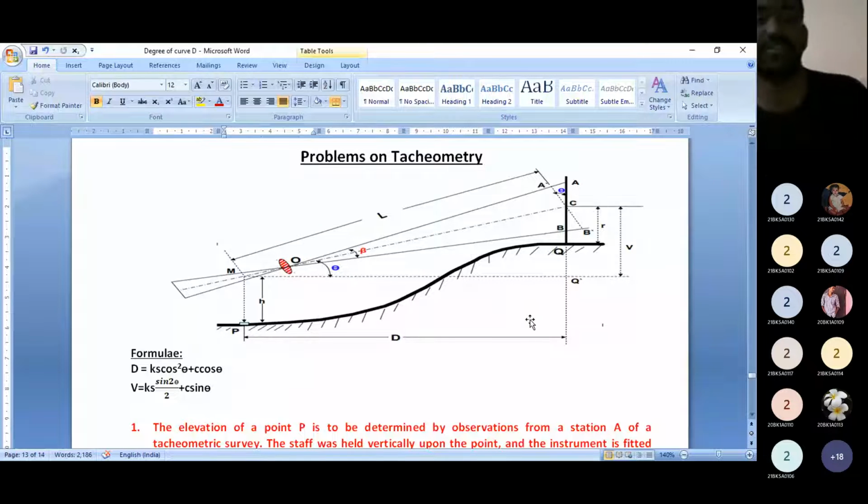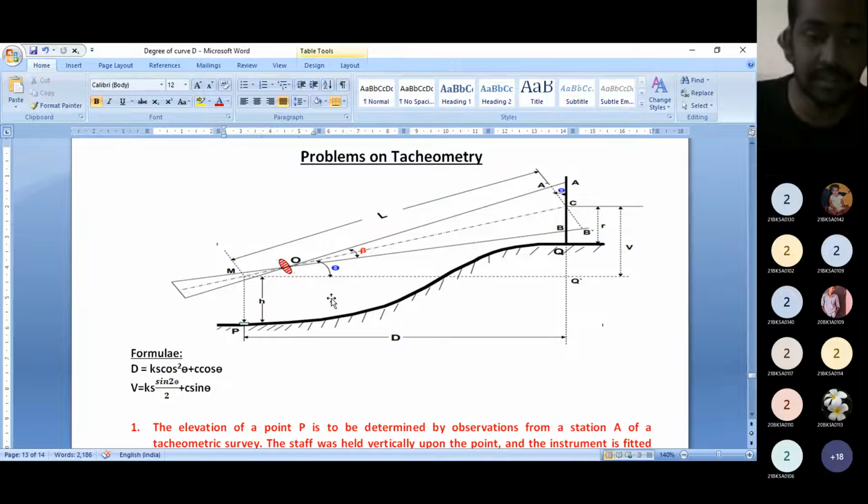From this figure you can understand. Basically, the tacheometric survey is used to determine the horizontal distance as well as the vertical distance or elevation of the objects. In this case you can see one instrument station and one object station. The instrument station is at a lower level and the object station is at a higher level.